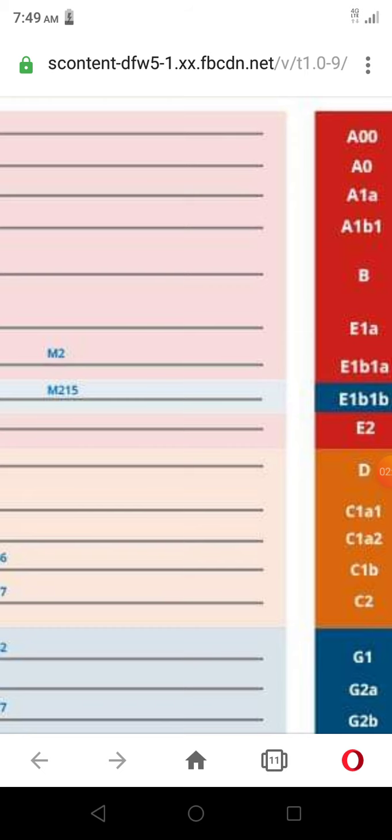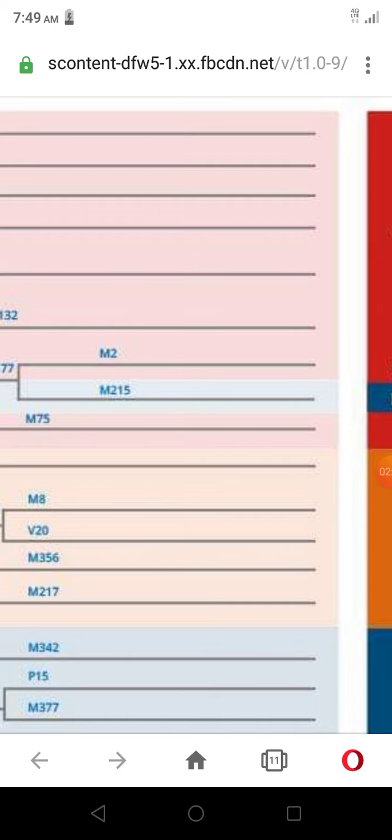So you have a direct link from the haplogroup, the ancestor, to the direct descendants.